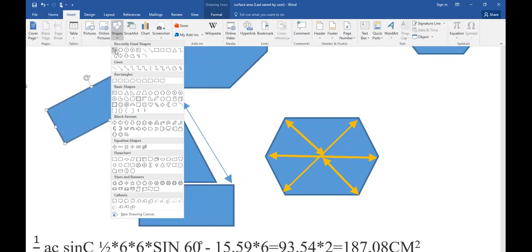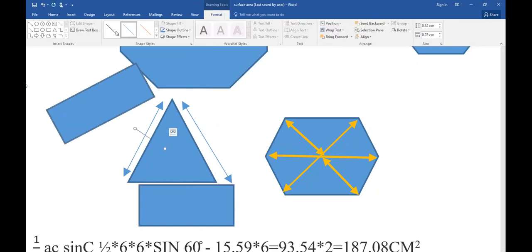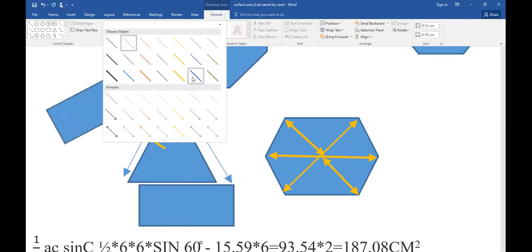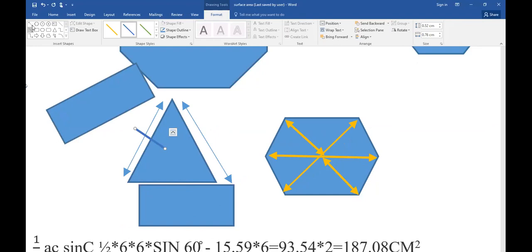Let's mark some shapes here. That one, and then this one. So these are the equality signs, okay?